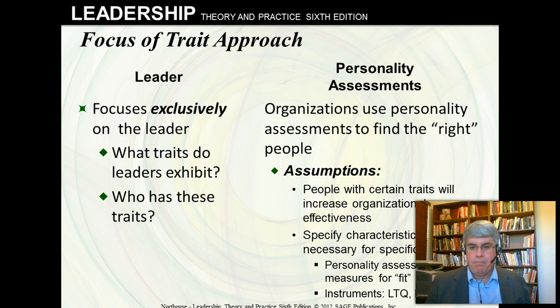You might be familiar with the Myers-Briggs personality inventory. That's the one that gives you different letters and categories like ENTJ: extrovert, intuitive, thinking, judgment.